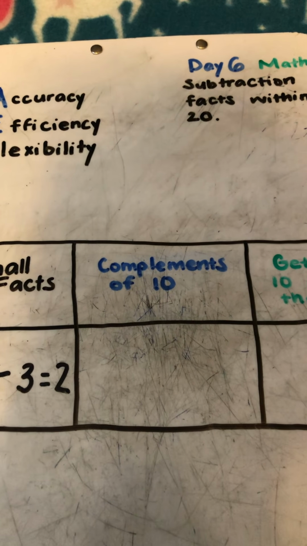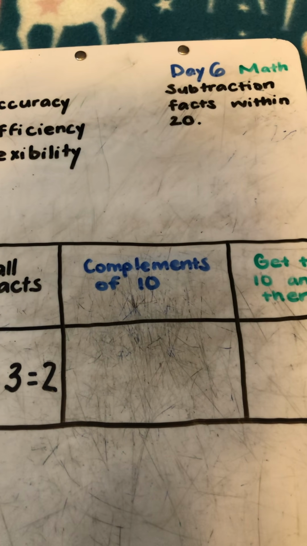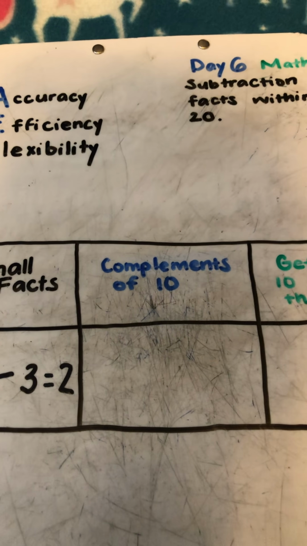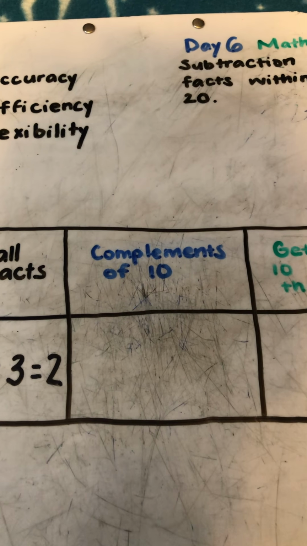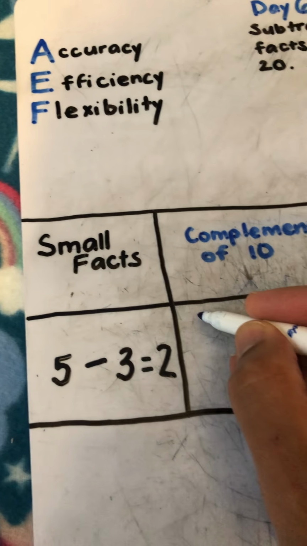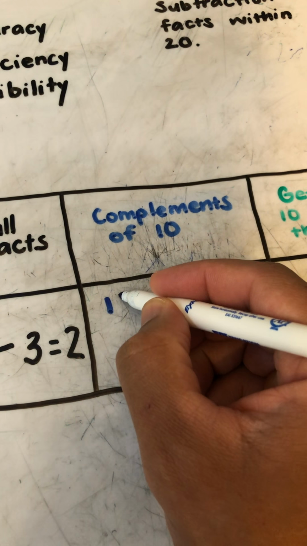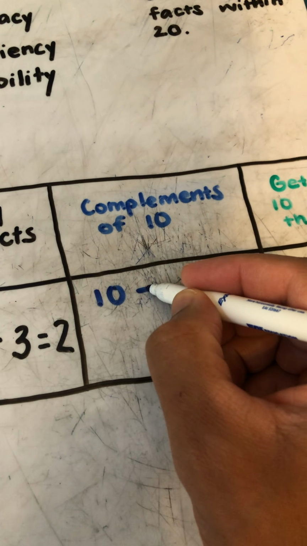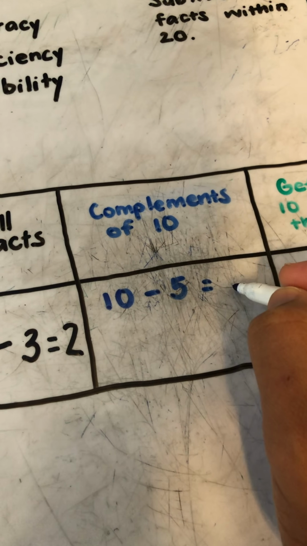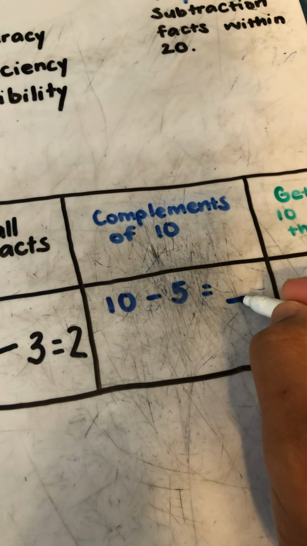Let's move on to our next, and that's going to be our complements of 10. So this is where our complements of 10 knowledge, knowing those 2 numbers that work together to make 10, is where that fact is going to help us. So in this case, I may take a problem such as 10 minus 5 equals, well, blank.